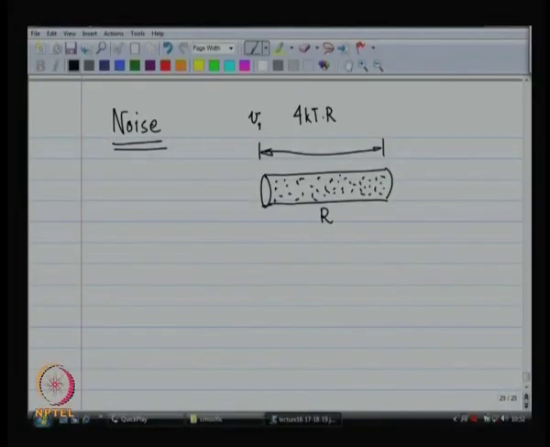The voltage that they will develop, the mean squared voltage over a little bit of bandwidth in frequency, is so much.